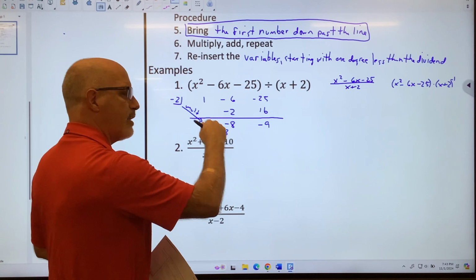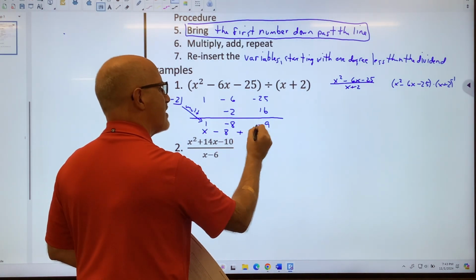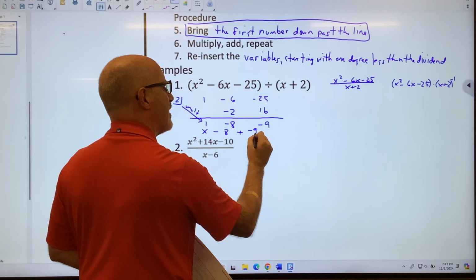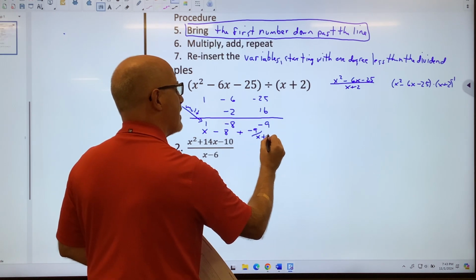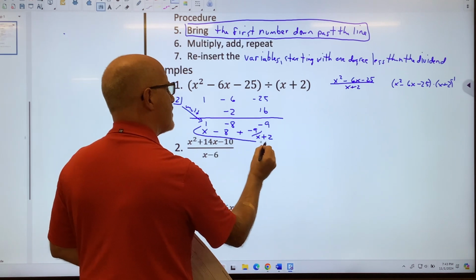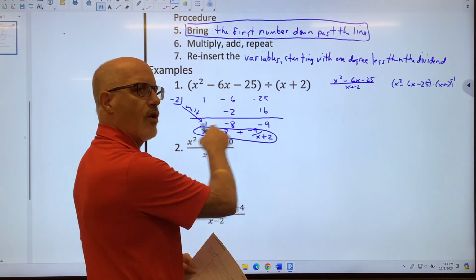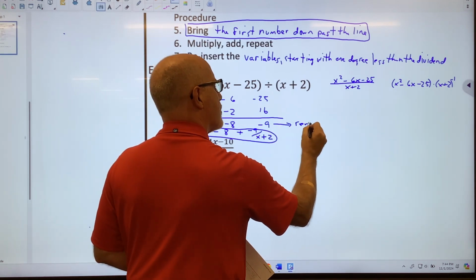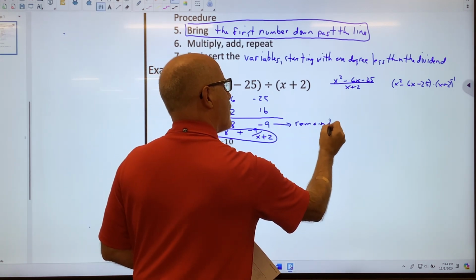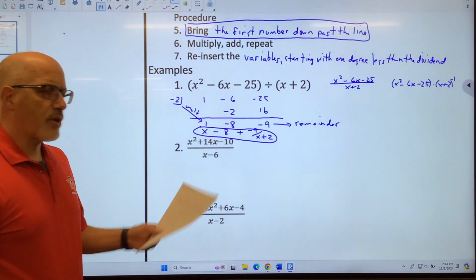So I go down in degrees to the next term. Plus, this is my remainder, negative 9 over my divisor, which is x plus 2. That's my final answer when I do this problem because of these coefficients. This last number, I'm going to put this out here just so you remember, that last number we ended with is the remainder. Let's try it with this next one.